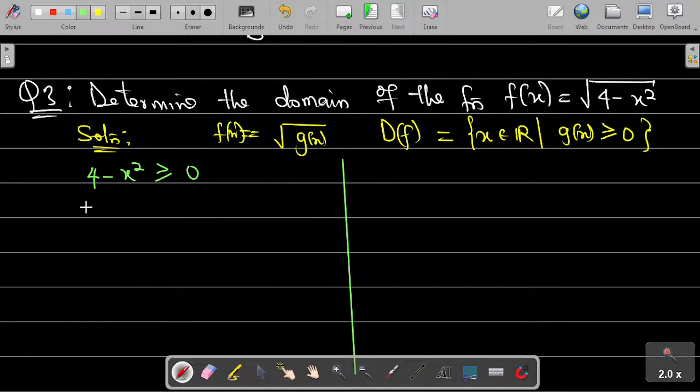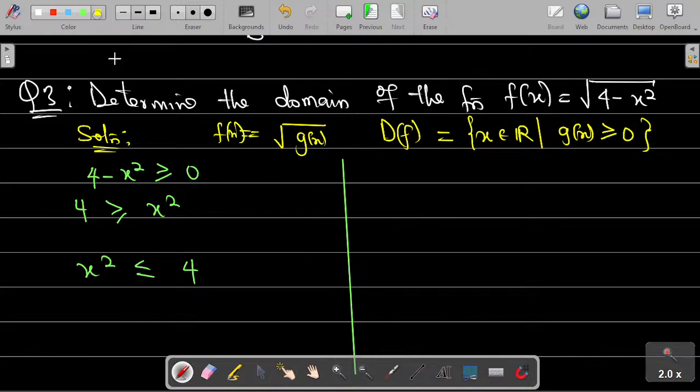So what do we do here? Take minus to the other side. We have 4 is greater or equal to x squared. Meanwhile, we can turn it the other way around. So we can have x squared is less than or equal to 4.